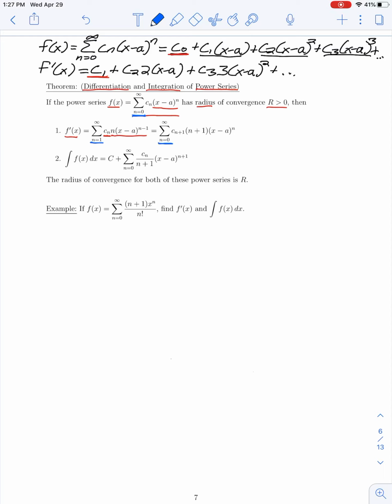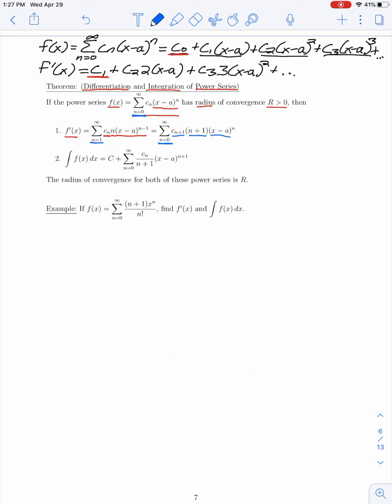So if I force this to start at n equals 0, that is if I decrease the starting value of my index by 1, then in the general term of our series, I have to replace all of my n's by n plus 1. So we end up having c sub n plus 1 times n plus 1, and then times x minus a to the nth.